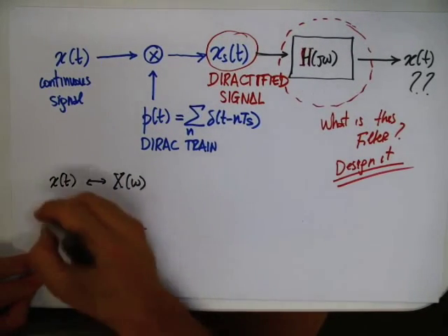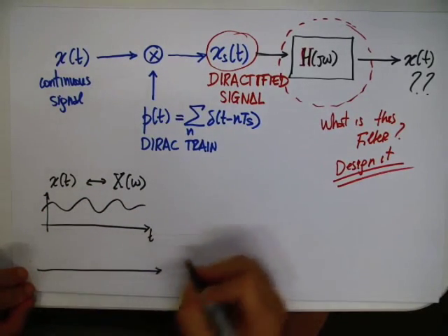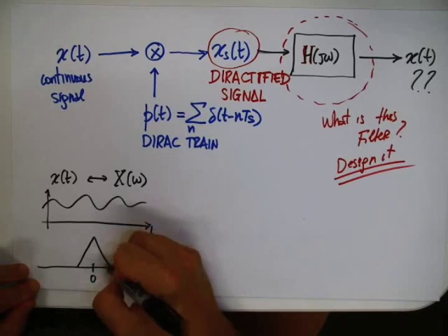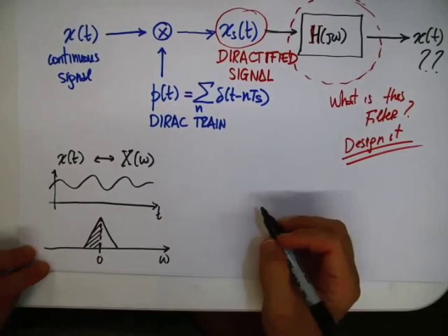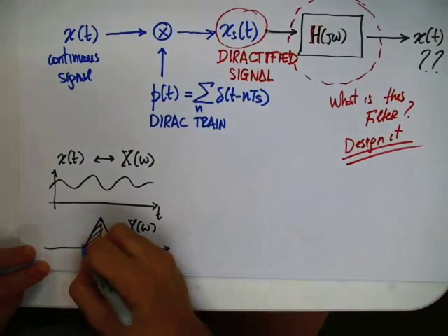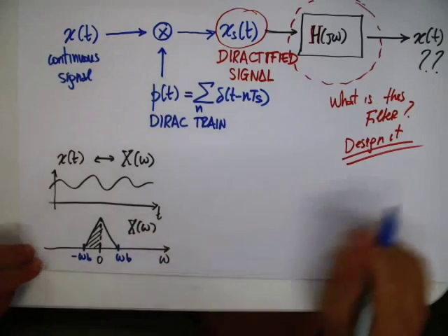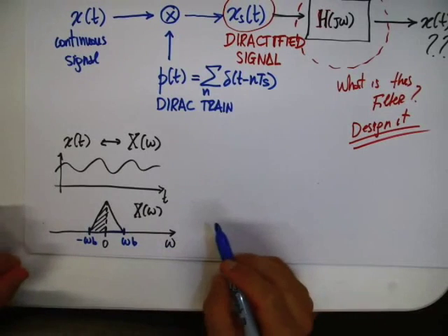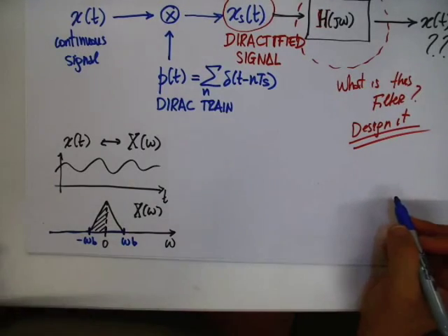So we have a continuous signal in time, and we're going to assume that its Fourier transform, this characteristic shape, denotes the spectrum X of omega. Let's assume that the spectrum is defined on a compact support, bounded by minus omega b and omega b, so it is 0 outside of this range.